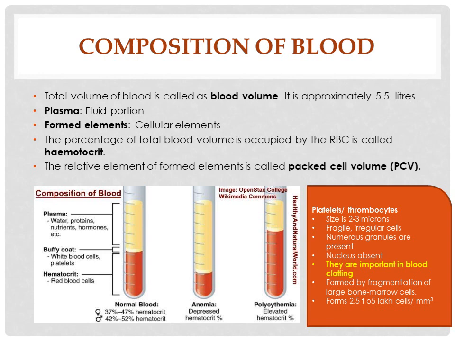Then there will be a buffy white coat-like layer in between, made up of WBCs, platelets and so on. And on top there is a yellowish viscous fluid, which is known as plasma, made up of several proteins, nutrients, hormones, etc. The hematocrit value differs between male and female.